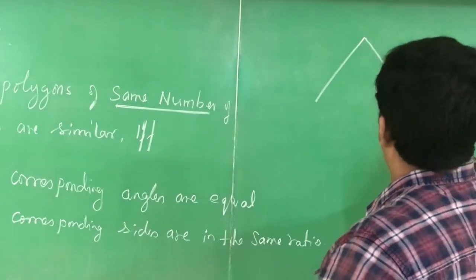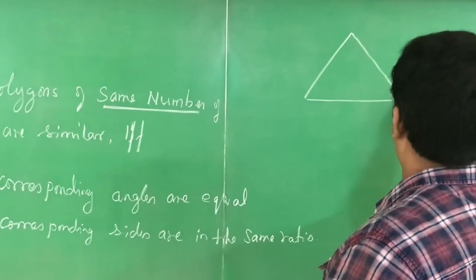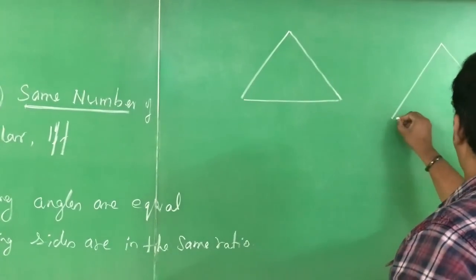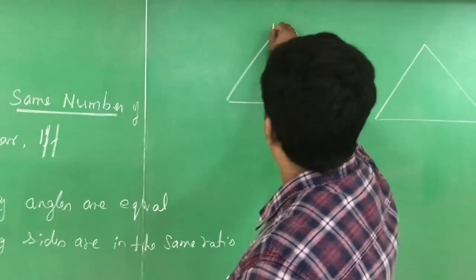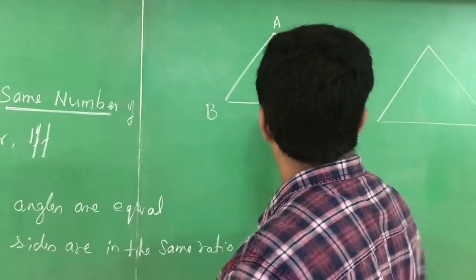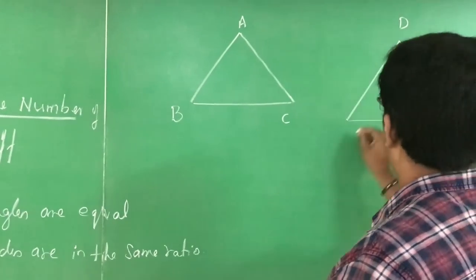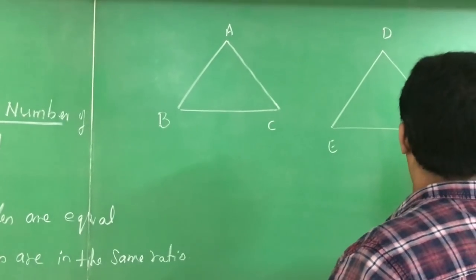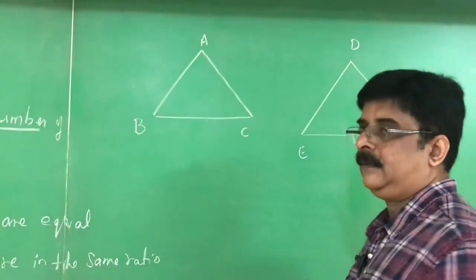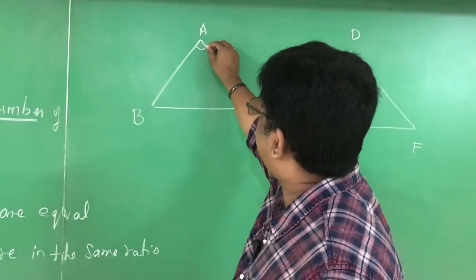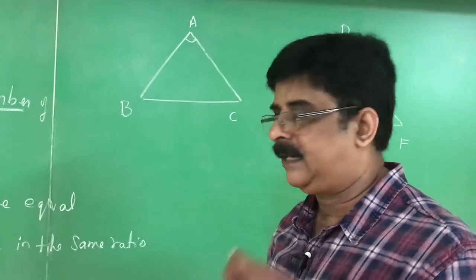Here there are two triangles. I write two triangles. One is ABC, another one is DEF. Here angle A, now in the first problem and first example, therefore I write the numbers.